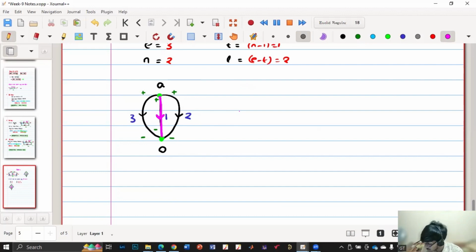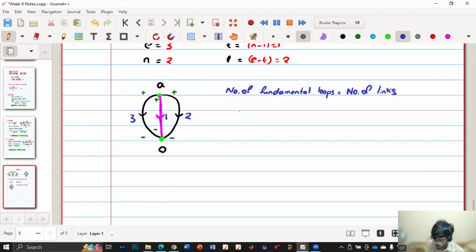The number of fundamental loops is 2, because the number of links is 2. So the number of fundamental loops is equal to the number of links. One is because of L2 and the other one is because of L3.